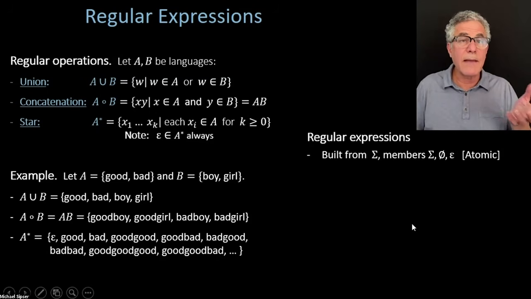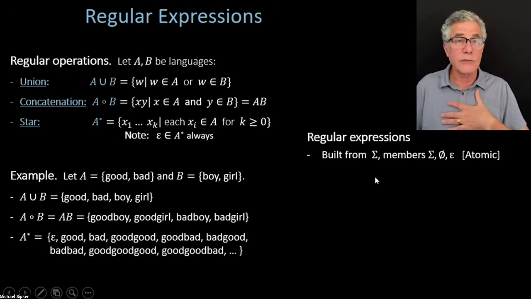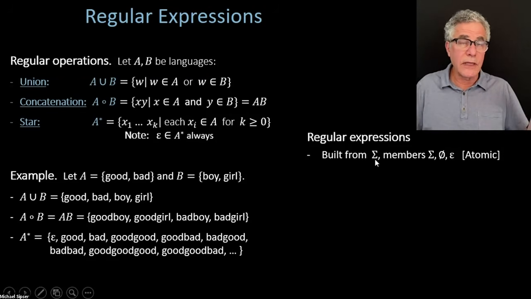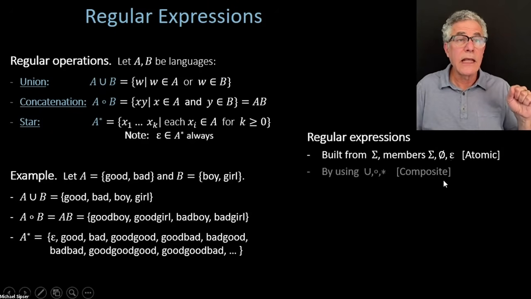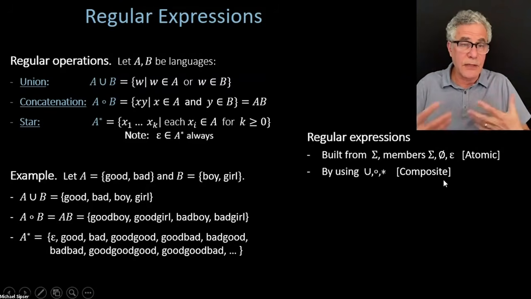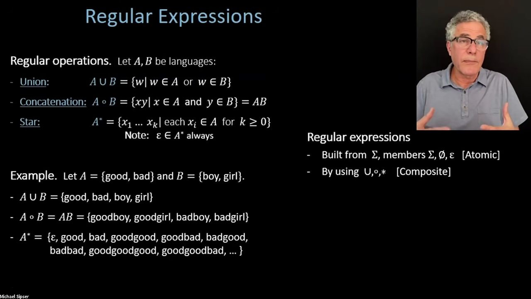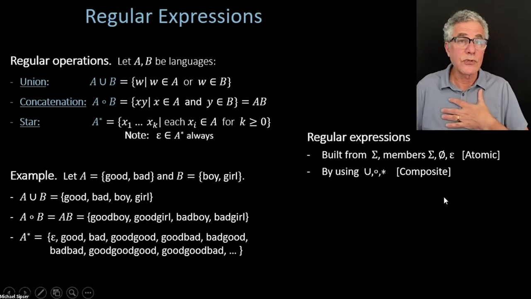First of all, you have the atomic building blocks: elements of sigma, the alphabet symbols, or the empty string, or the empty language. We'll do an example in a second. Then you combine those basic elements using the regular operations of union, concatenation, and star. So these are the atomic expressions, and these are the composite expressions.